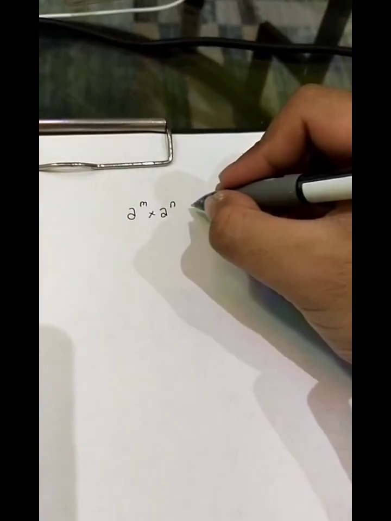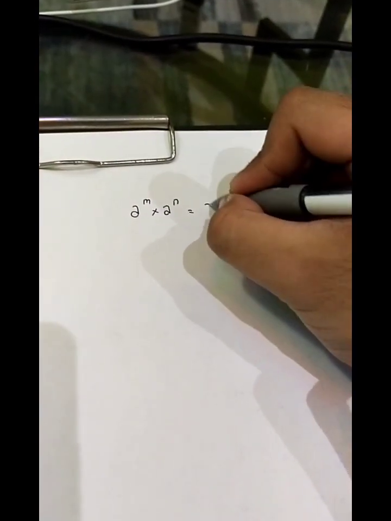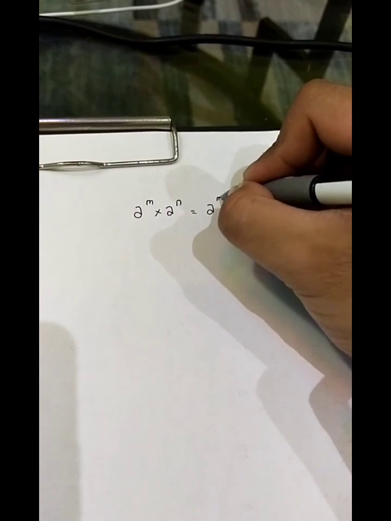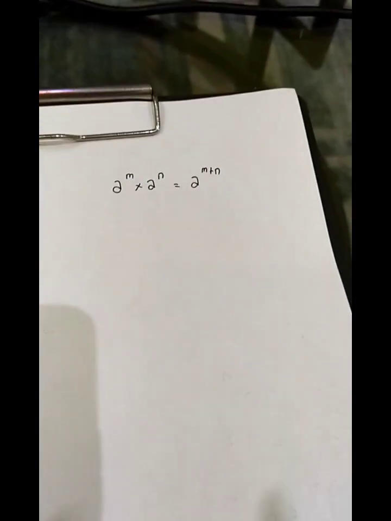To solve this problem, we can utilize the index property that states that a raised to the power of m times a to the power of n equals a to the power of m plus n.